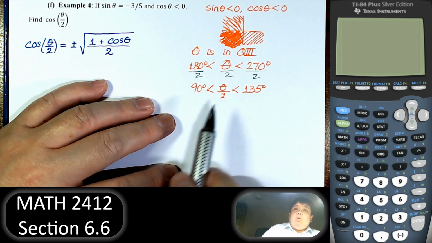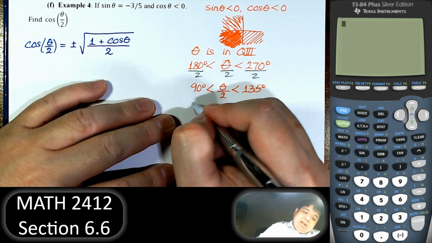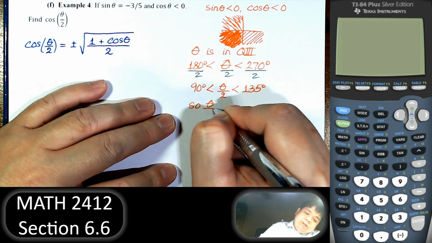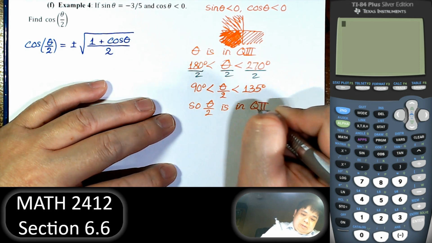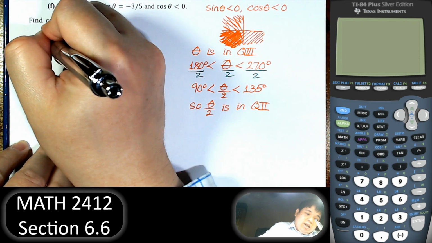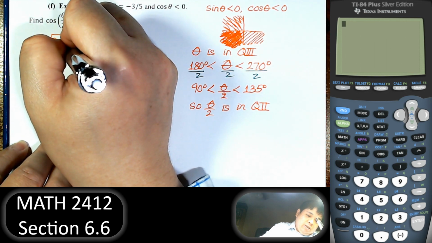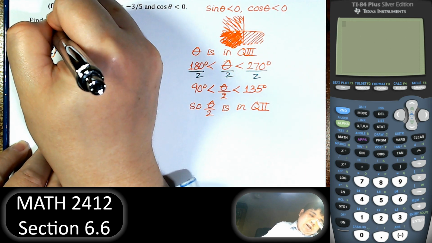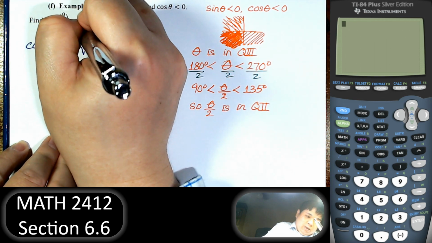Now 90 and 135, that is in quadrant 2. So theta over 2 is in quadrant 2. So we will take the minus sign because cosine of anything in quadrant 2 is negative.